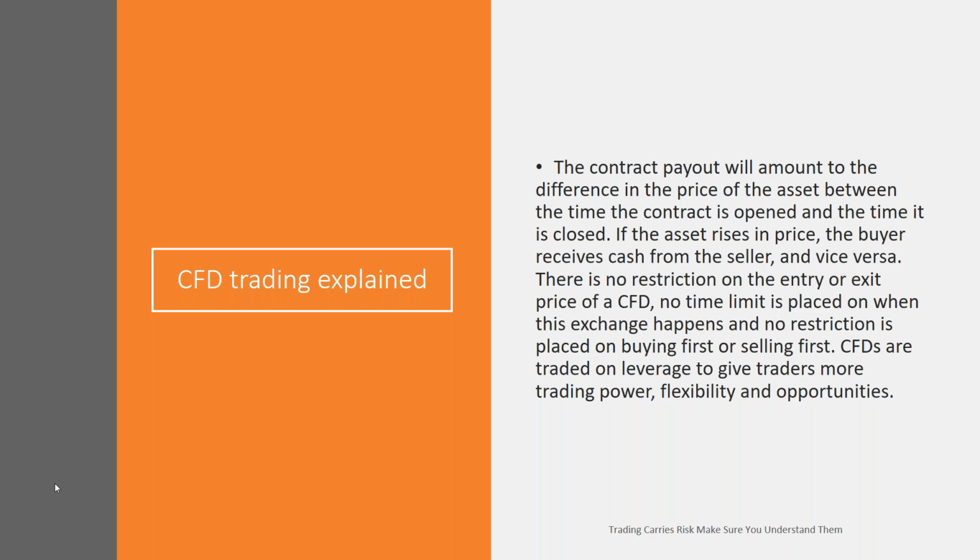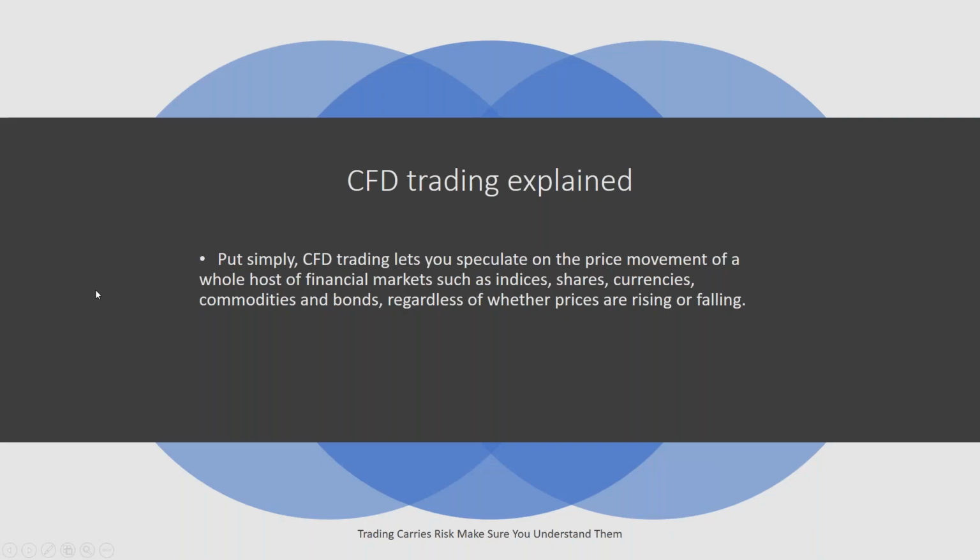If the asset rises in price, the buyer receives cash from the seller, and vice versa. There is no restriction on entry or exit price of the CFD. No time limit is placed on when this exchange happens, and no restriction is placed on buying first or selling first. CFDs are traded on leverage to give traders more trading power, flexibility, and opportunities.